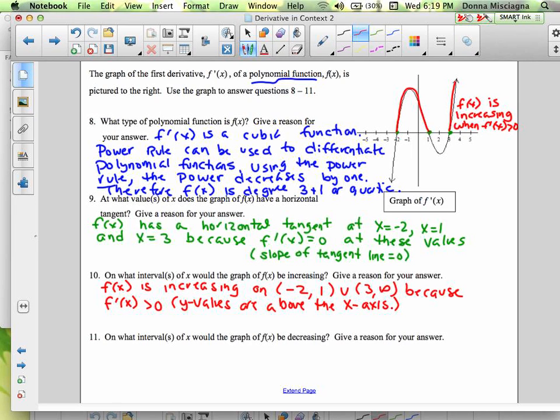On what interval of x would the graph of f of x be decreasing? All right, so now if we look, I'm going to write in purple.